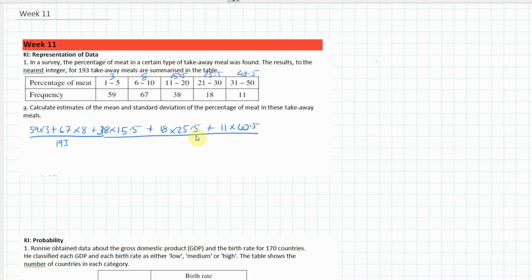This is giving me 11.43. That's my estimate. I'm going to save my unrounded version in my calculator.